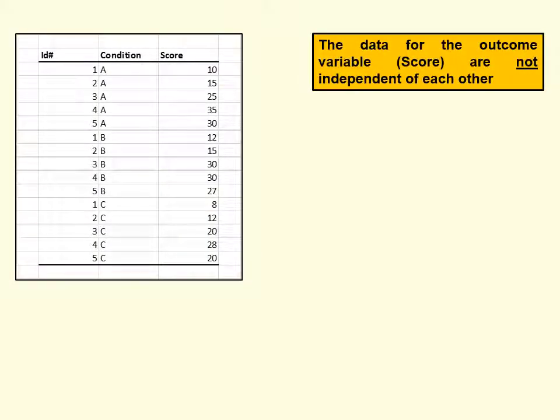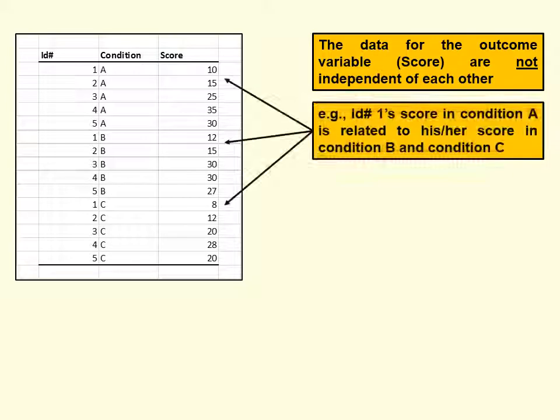Just to illustrate this, here we have data arranged in a long format again, and we're expecting that the scores for the different conditions are not independent of one another, because, as I've said a couple different times, person number 1's score in condition A should have some connection to his or her score in condition B and condition C. By the way, as I work through these examples, I hope it's clear that the values for the variable score are the same in both my example of the independent design and the dependent design.